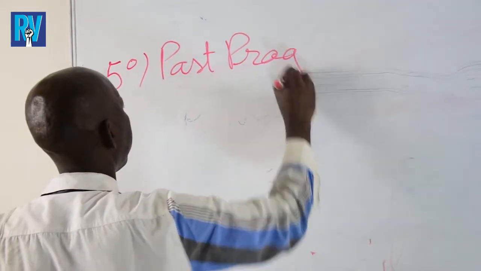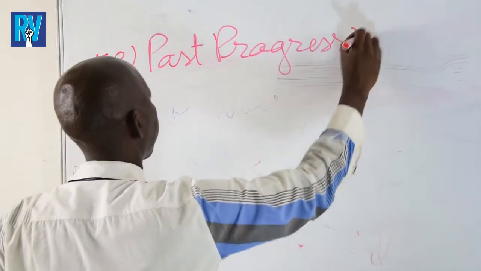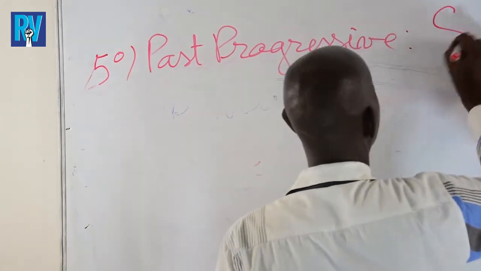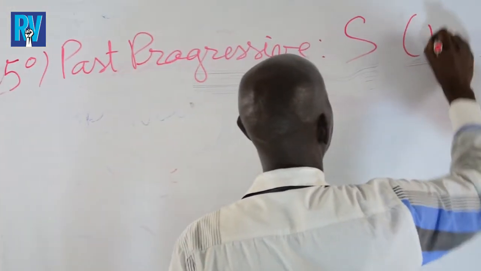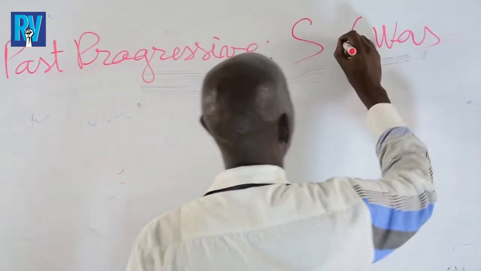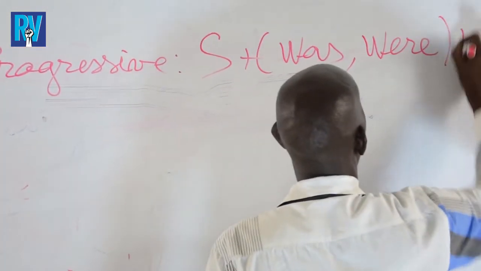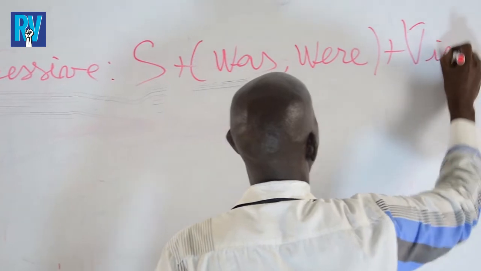Past progressive. Okay? This is how we form past progressive. We have subject plus was or were plus verb plus ing form.